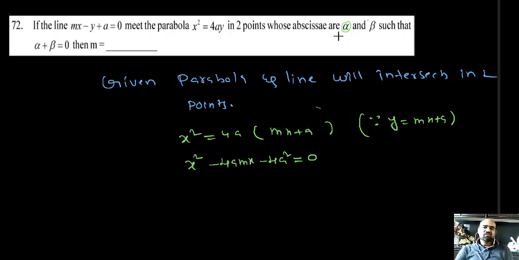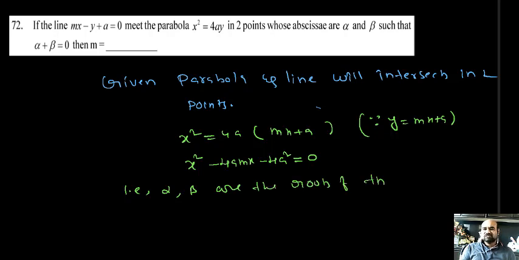What are the two roots? Alpha and beta are the two roots, obviously, because alpha and beta are the x coordinates of those points. So from solving this equation to get the x values, those are alpha and beta. Alpha comma beta are the roots of this equation.